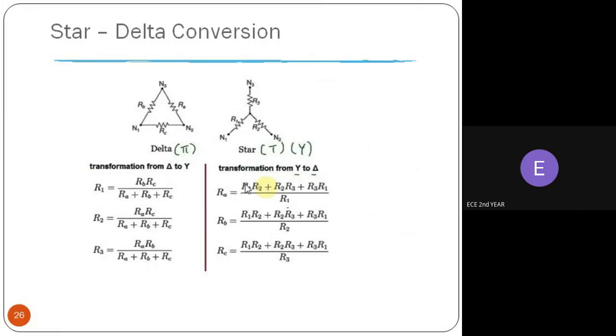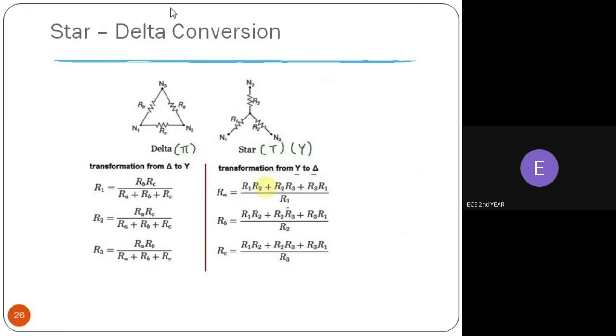RB is R1 into R2 plus R2 into R3 plus R3 into R1 divided by R2. And RC is R1 into R2 plus R2 into R3 plus R3 into R1 divided by R3.